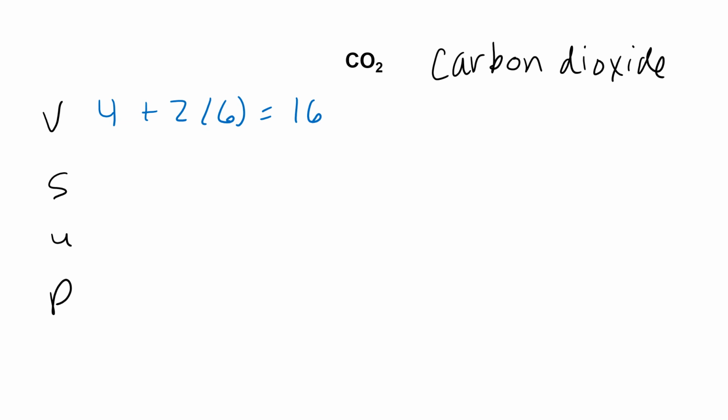The less electronegative elements or the single elements are most likely going to be in the center of your Lewis dot structure. So we have carbon, it is less electronegative than oxygen, and it's only 1, so that makes it easy on us. So we're going to put that in the center.